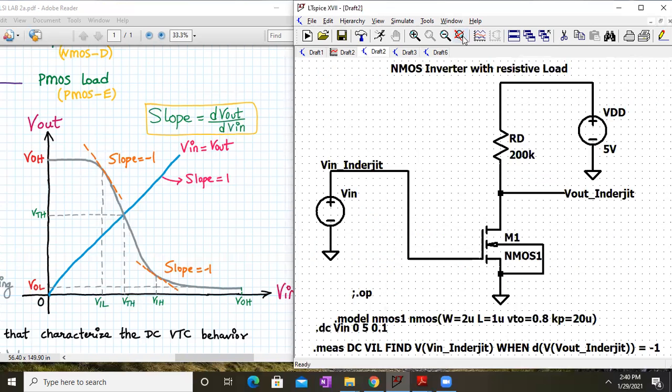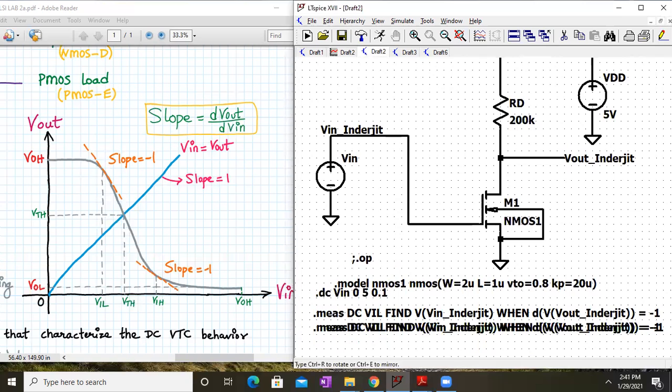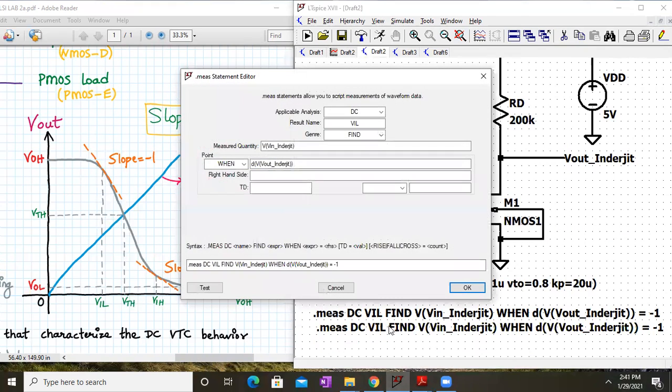So again, I repeat, find Vin when dVout by dVin is equal to -1. Okay. Now similarly, we can copy the same statement over here. So over here, the changes will be, I'll right click over here.